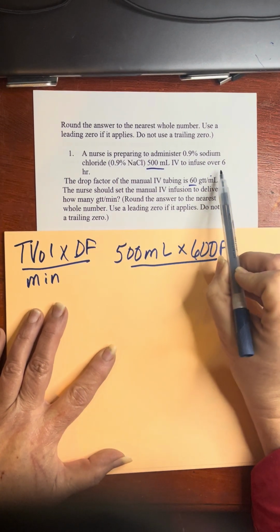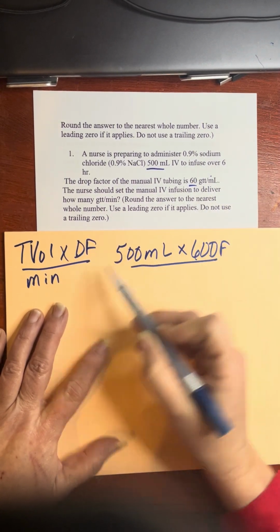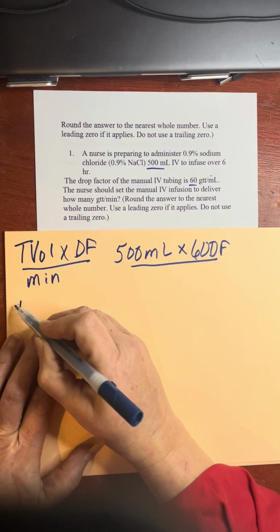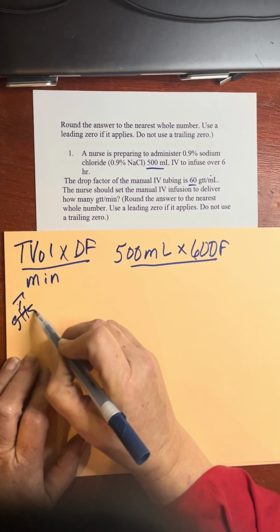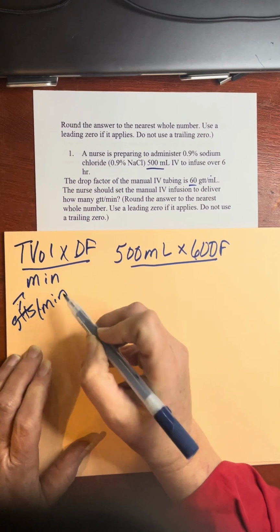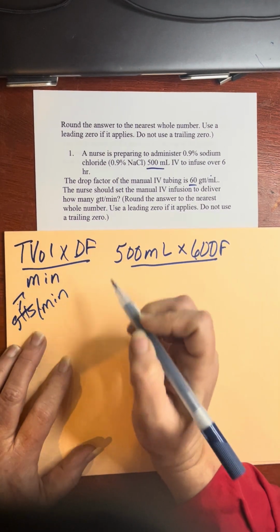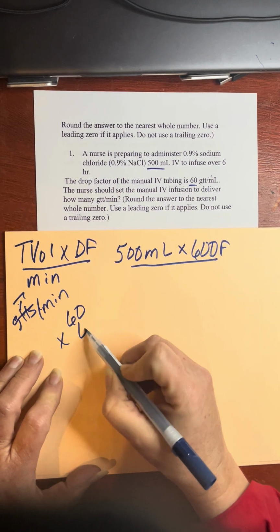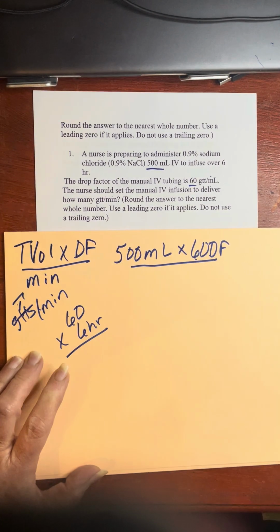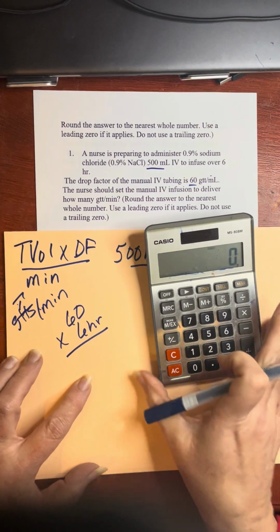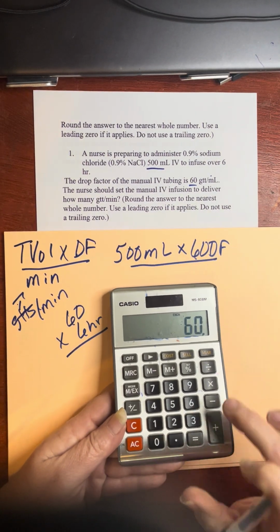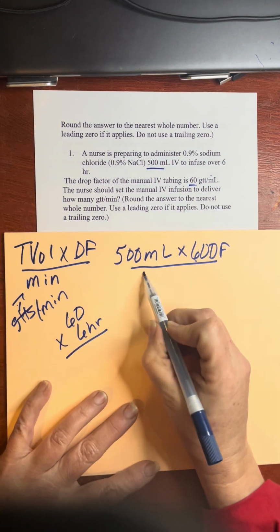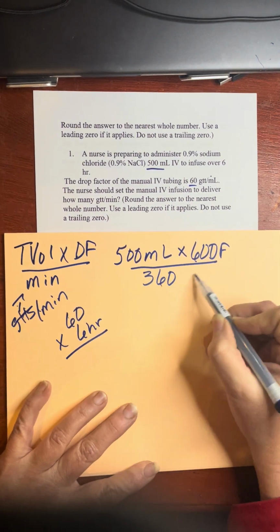And it's got to go in over 6 hours, but your time has to be in minutes for drops per minute. Okay, burn that into your frontal lobe. Okay, so 60 times 6 hours will tell us what the minutes is. So don't trust your brain. Get your calculator and put it in there. 360 minutes, that's what it's going to have to go over.